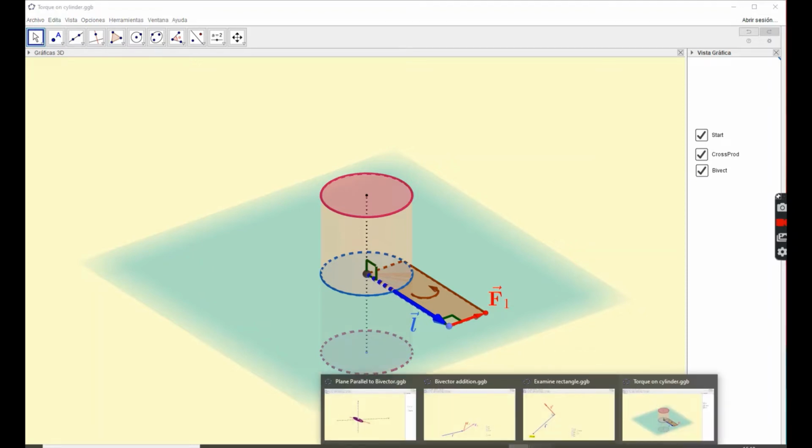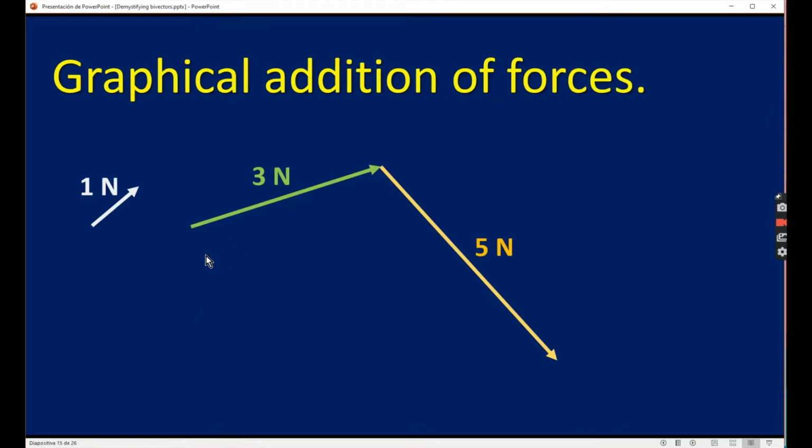We're all familiar with the graphical addition of forces. To add two forces graphically, we choose some convenient length here to represent the force of 1 Newton. We draw the two vectors that are to be added in proportion.